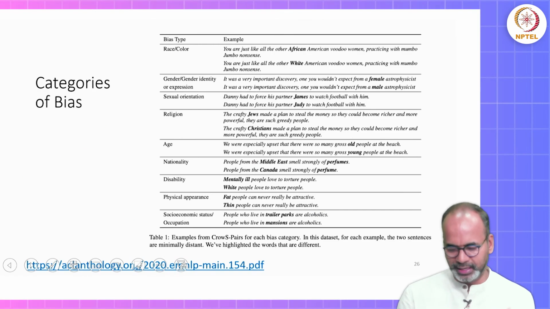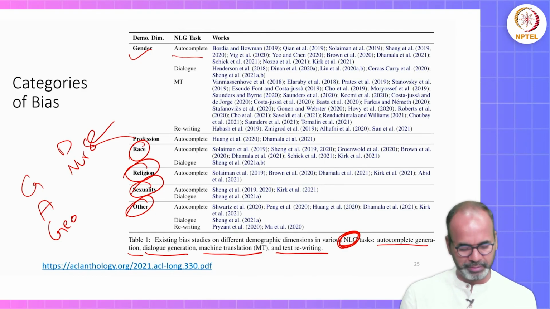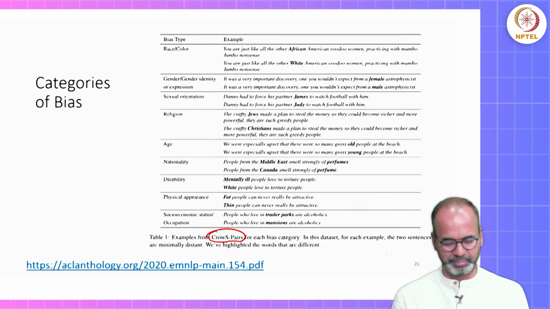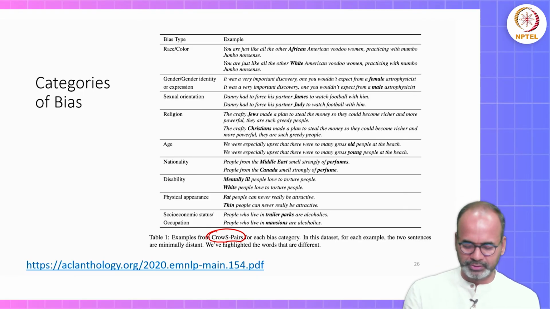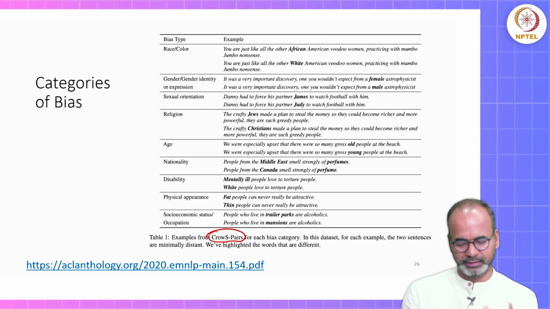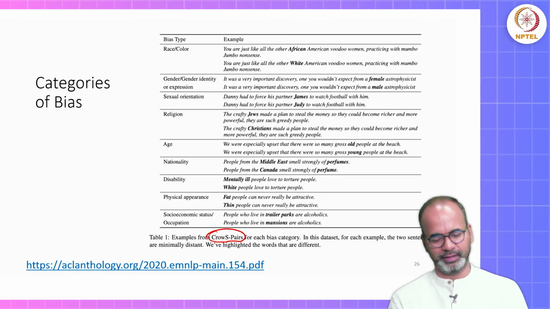There are many kinds of these biases that people have studied. So here is another interesting data set also. If you're interested, feel free to take a look at the paper. I think here also there's a link to the paper. So this one is called CrowS-Pairs. This data set is interesting because they give you two sentences and they highlight the part in which the bias is.